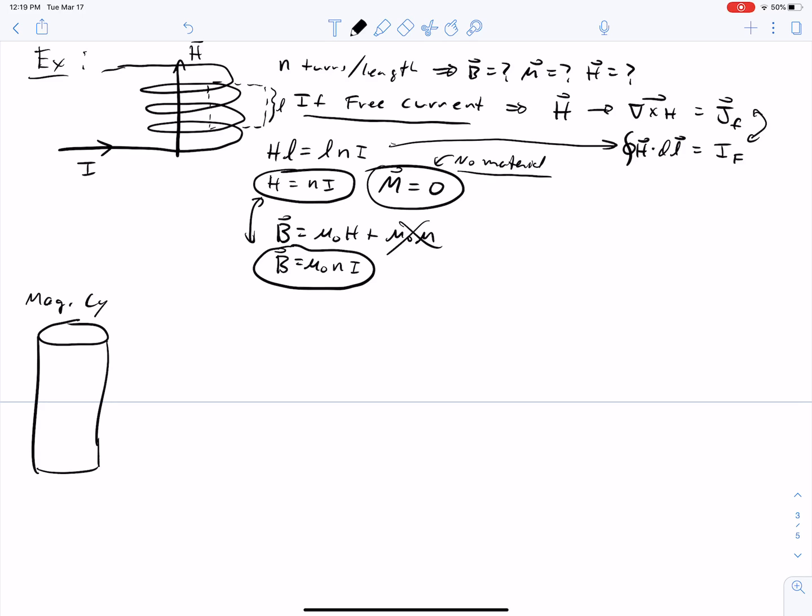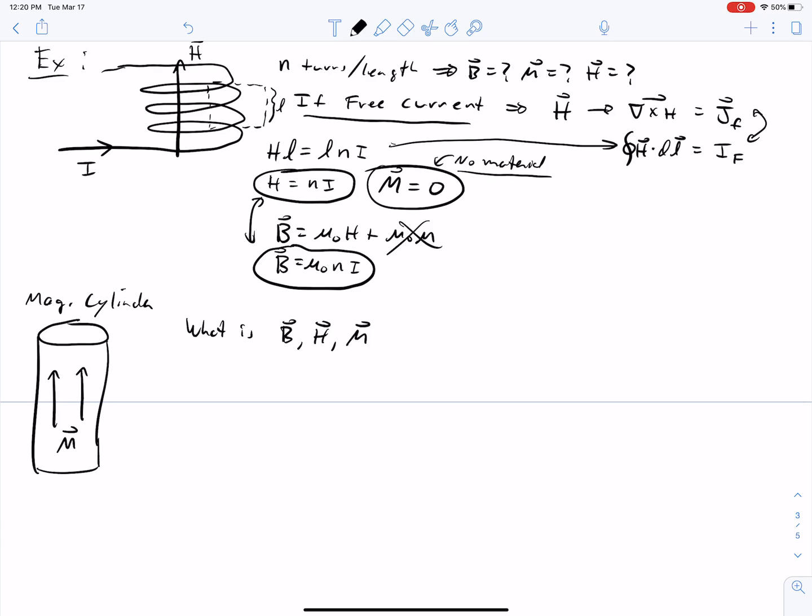The magnetization is going up in the z direction. And now we can ask ourselves the same thing: what is B, H, M?